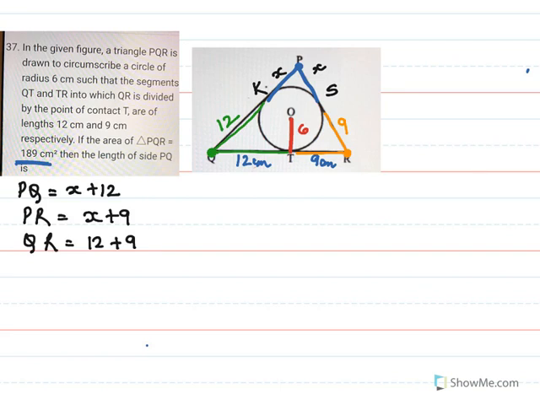In the next part of the sum, we will divide this triangle into 3 parts. We'll join up here like this, here and here, and we will get 3 triangles. The first is triangle OQT, which I'm going to mark in green.